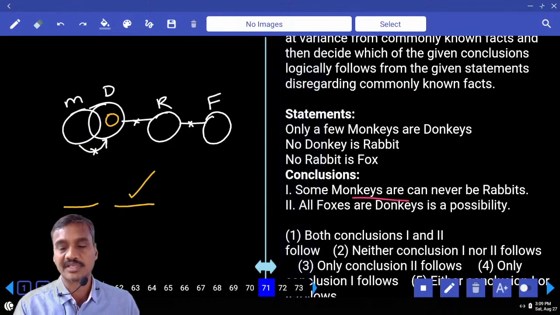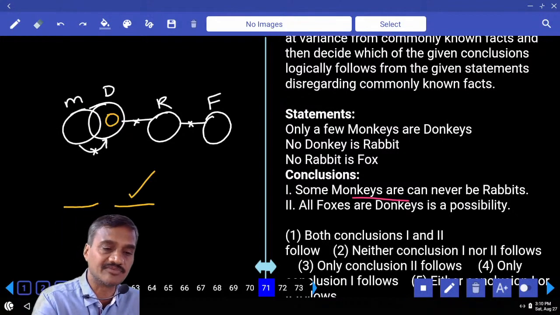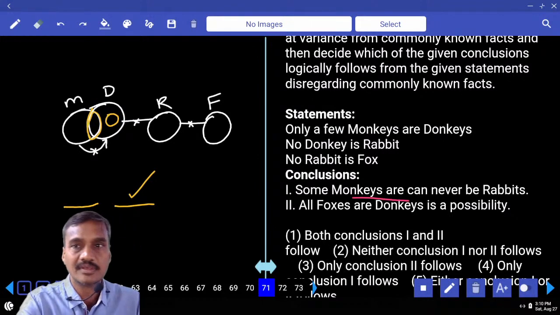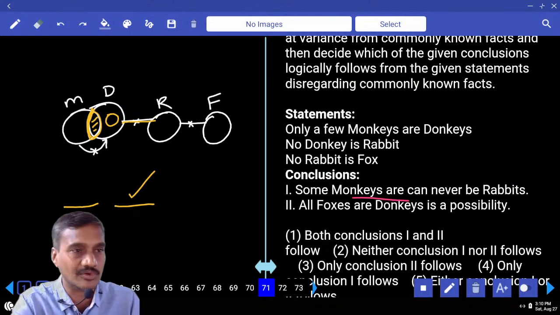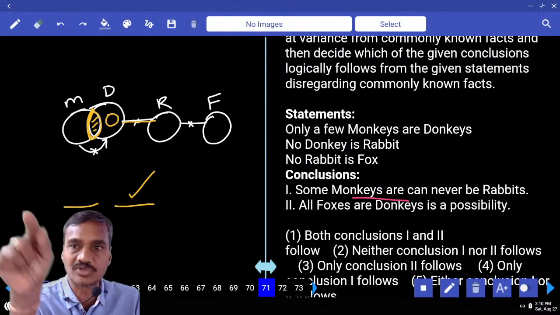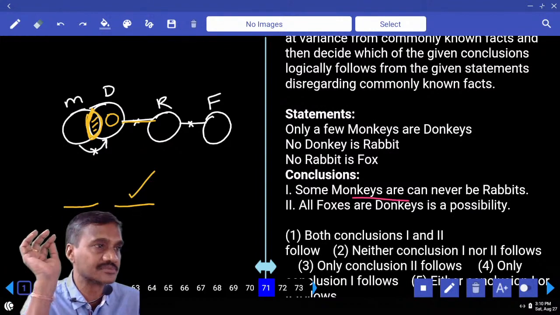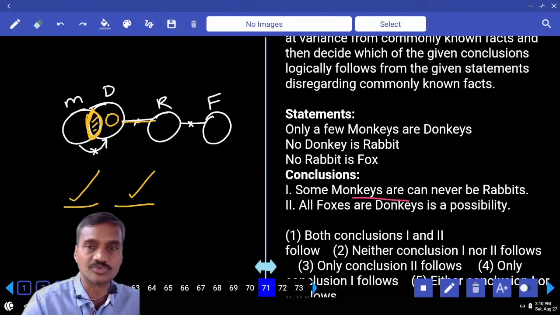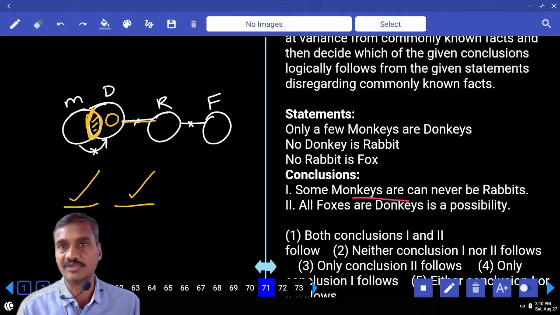Some monkeys can never be rabbits. కొన్ని monkeys ఎట్టి పరిస్థితుల్లో rabbits కావు అని అన్నాడు, అవునా కదా? ఈ monkeys ఏమయ్యాయి? Donkeys తో కలిసాయి. ఈ monkeys donkeys తో కలిసాయి అంటే ఈ monkeys ఎప్పుడూ rabbit తో కలవచ్చా కలవకూడదా? కలవకూడదు. కనుక కొన్ని monkeys rabbits తో కలవకుండా ఉండేది can never be true, అవునా కదా? These are the monkeys that can never be rabbits. Hence what is your answer? Both 1 and 2 choice. మా ఫాలో అయ్యారా? అందుకే సెకండ్ conclusion చెప్పి మళ్ళీ ఫస్ట్ దానికి వచ్చాం.